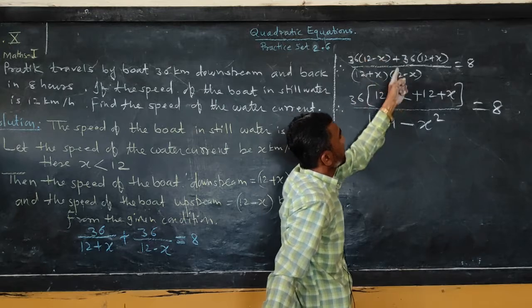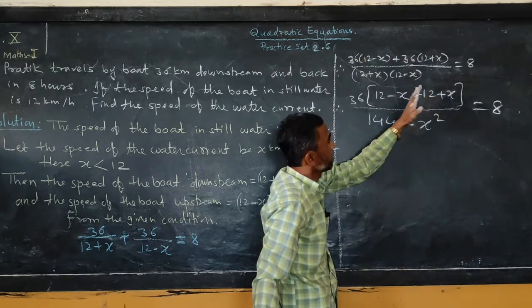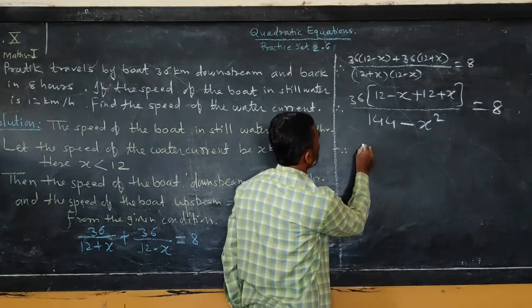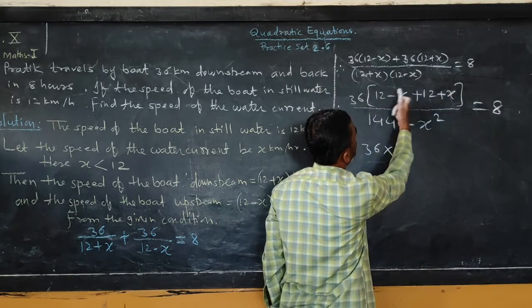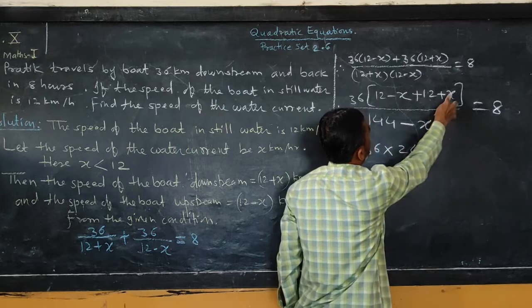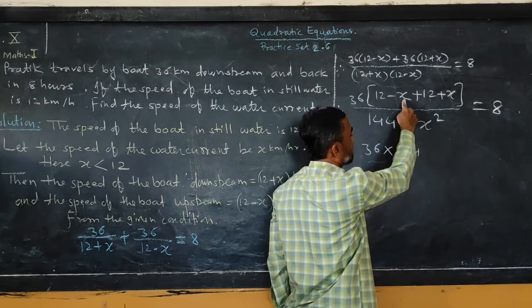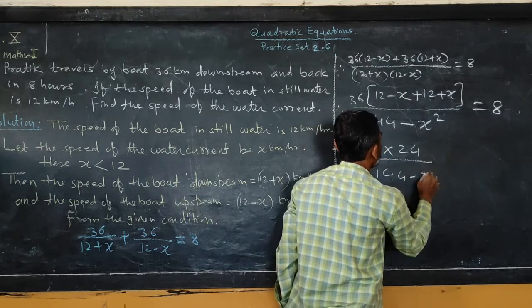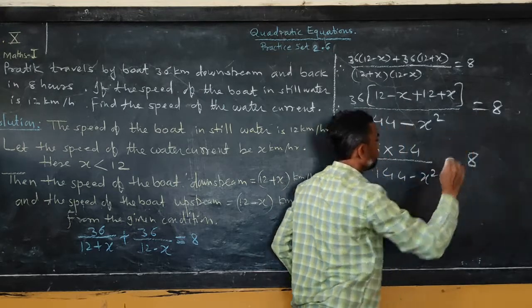12 minus x plus 12 plus x: minus x plus x will become 0. So what will remain? 36 into 12 plus 12, that is 24, upon 144 minus x square is equal to 8.